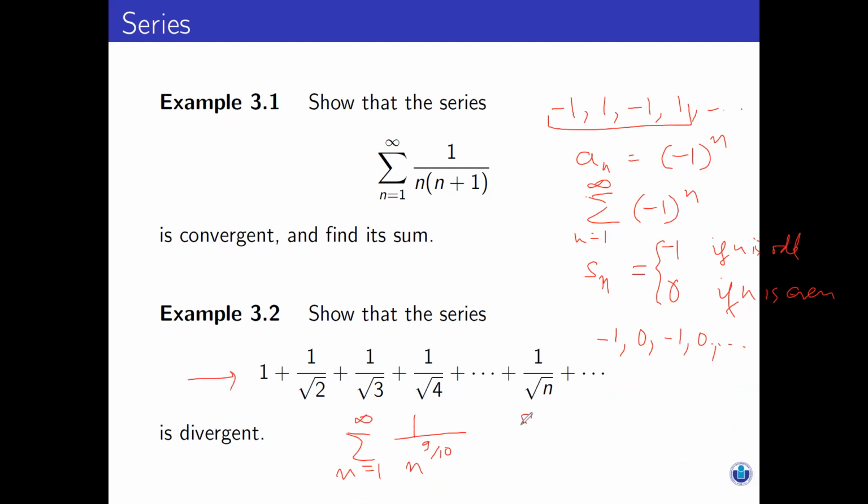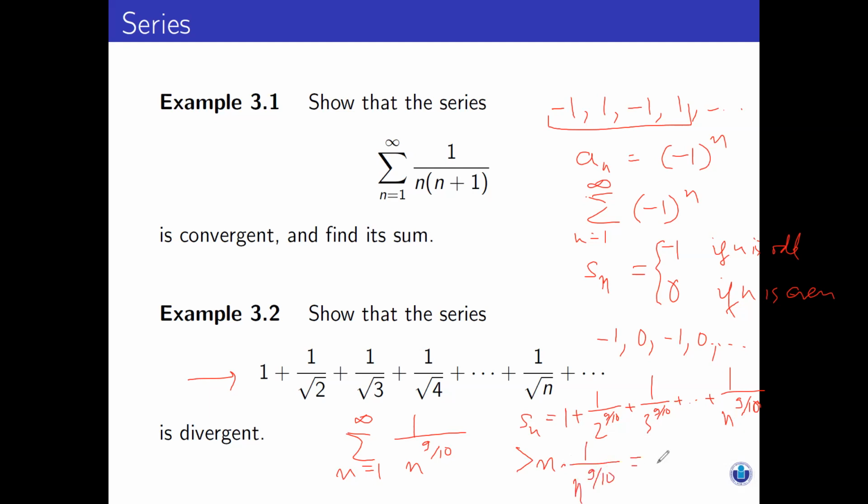So now our Sn is like 1 plus 1 over 2 to the power 9 over 10, and all the way to 1 over n to the power 9 over 10. Then you do just like before. This one is bigger than n times, because it has n terms, times the smallest one.